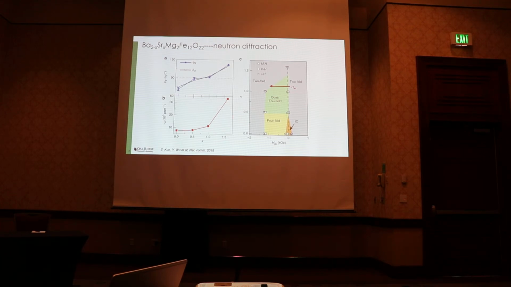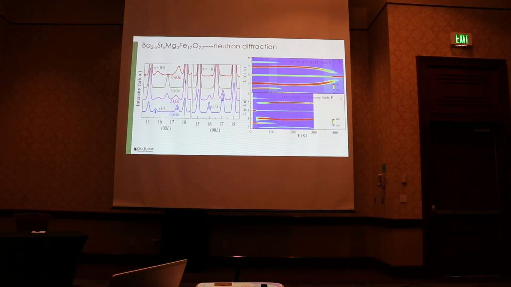So this paper basically says the high ME effect is connected with turning angles, and here is the phase diagram of a path under field from the symmetry from 4-fold to positive 4-fold and 2-fold. Here is 1.6. You can switch the polarization by field without going through zero, without going through the paraelectric phase.